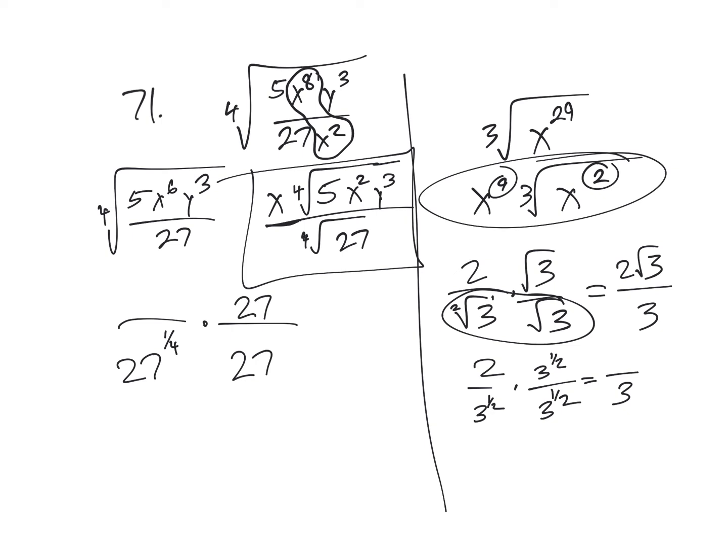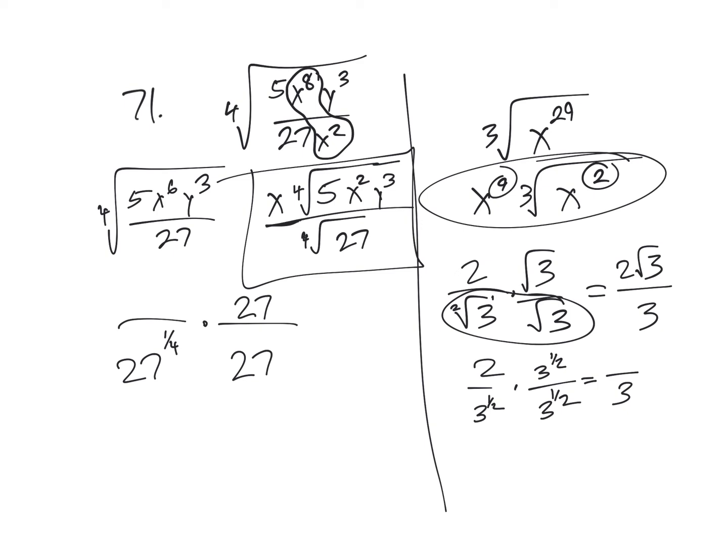But what does my exponent have to be for those to add up to 1? What do you add to 1/4 to get 1? 3/4. Right? 1/4 plus 3/4 is 1, right? That's what you're really doing.